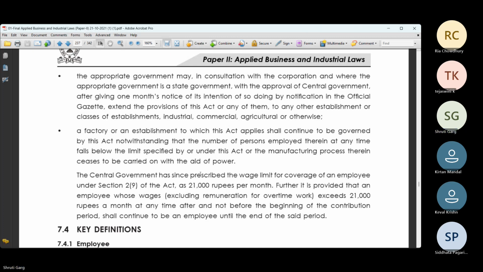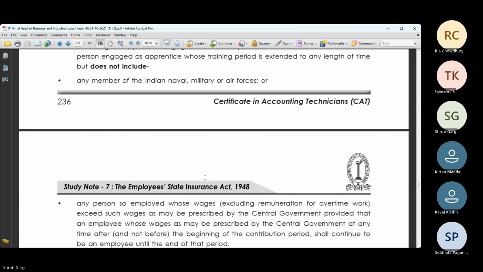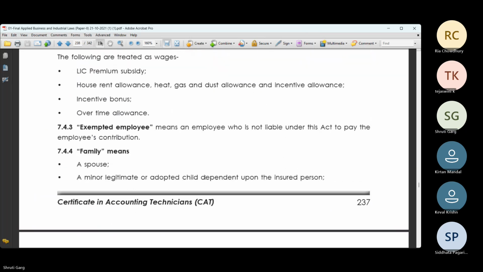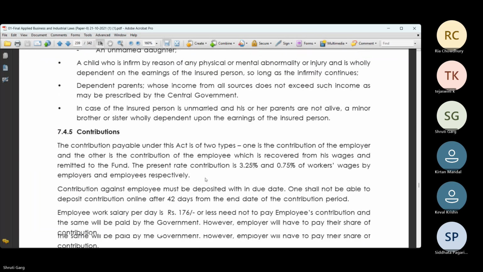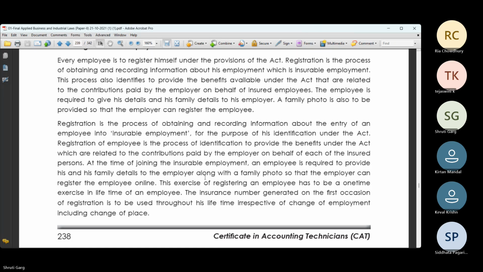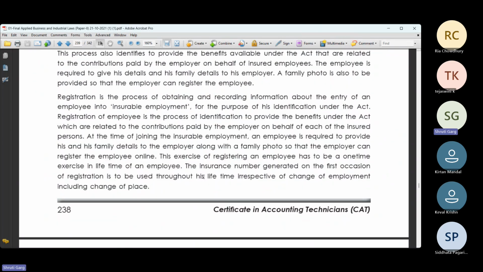Means, once the ESI Act is applicable, it will continue.